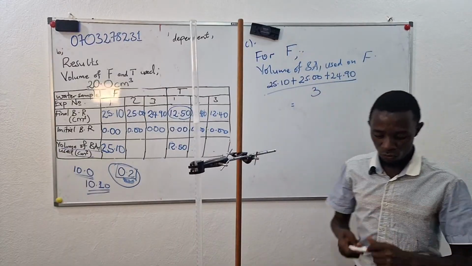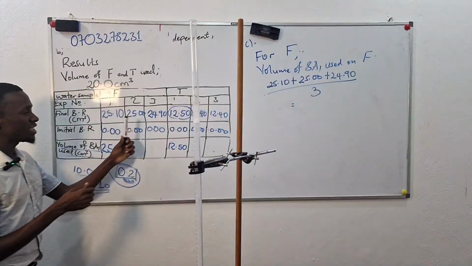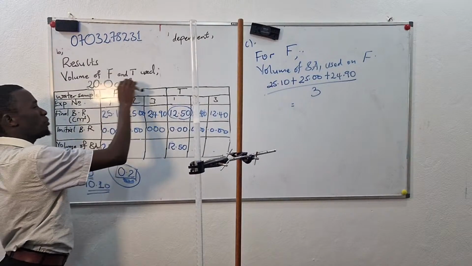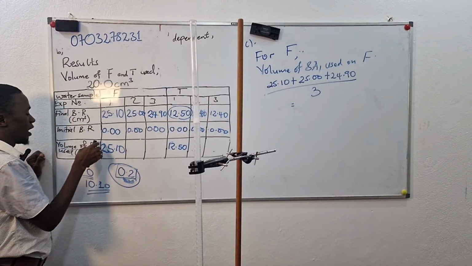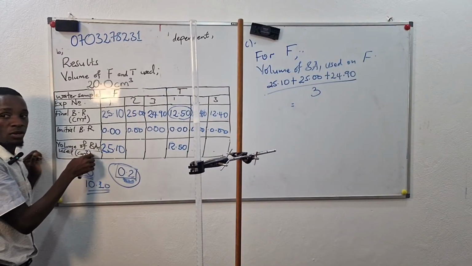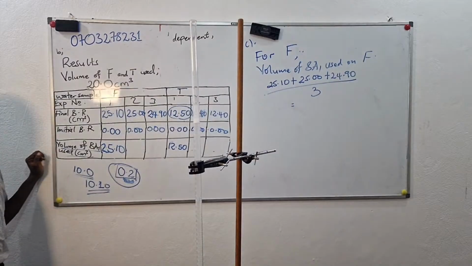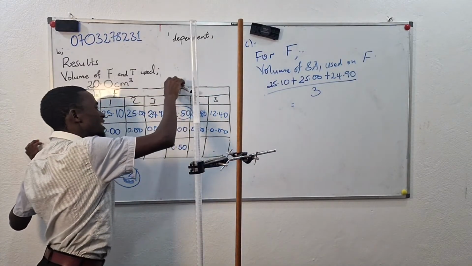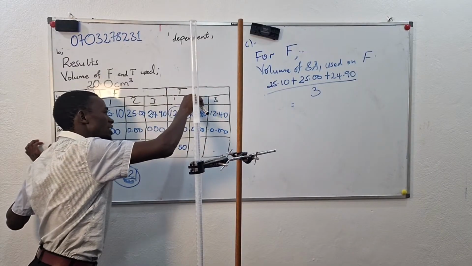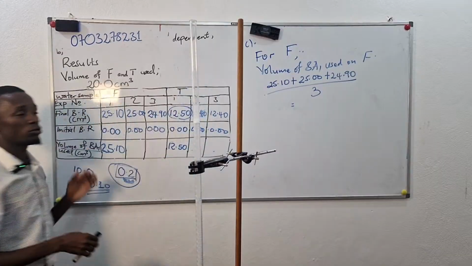But even before we do that calculation, the results are showing clearly that water sample F requires a lot of soap solution BA1 to form permanent lather than T. This implies that T is a water sample that is more effective for washing since it does not waste the soap.